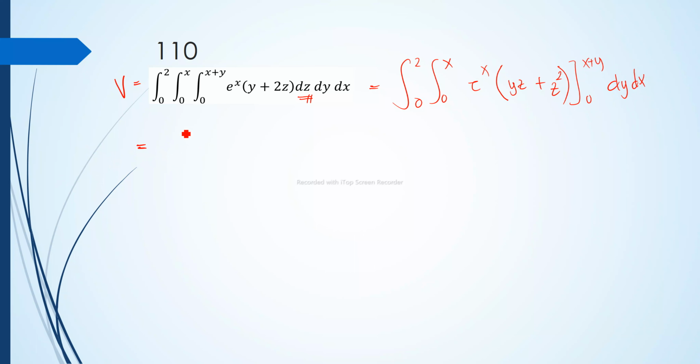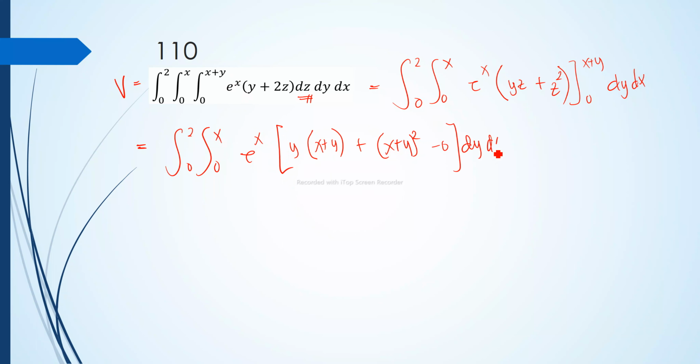So we have 0 to 2, 0 to x, e to the x times y, times x plus y plus x plus y squared. And then 0, that is just minus 0, dy dx.